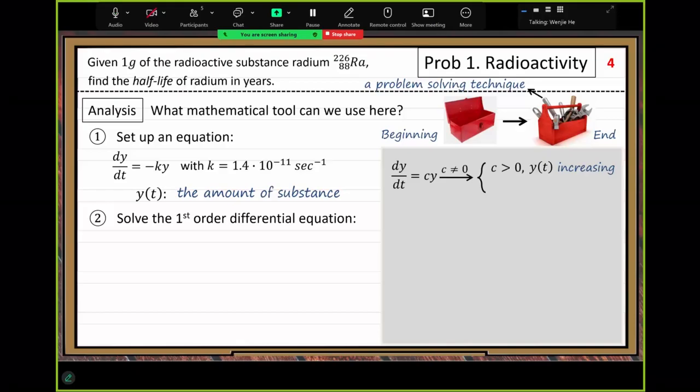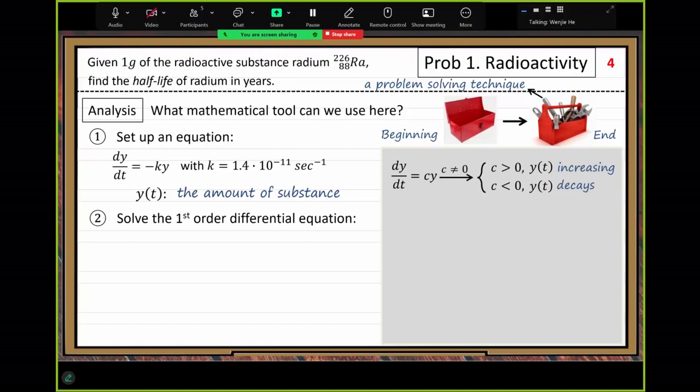So positive C times positive Y means the derivative is positive, so the Y function is increasing. In the other direction, C less than 0, Y is decreasing, it decays.